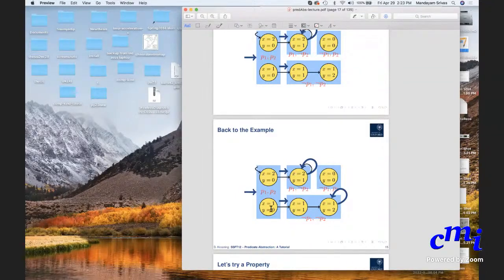So in some sense, it also gets included in that abstract state. Similarly, there will be self transitions on these two abstract states because there exists a transition from a concrete state inside that partitioning of the states.